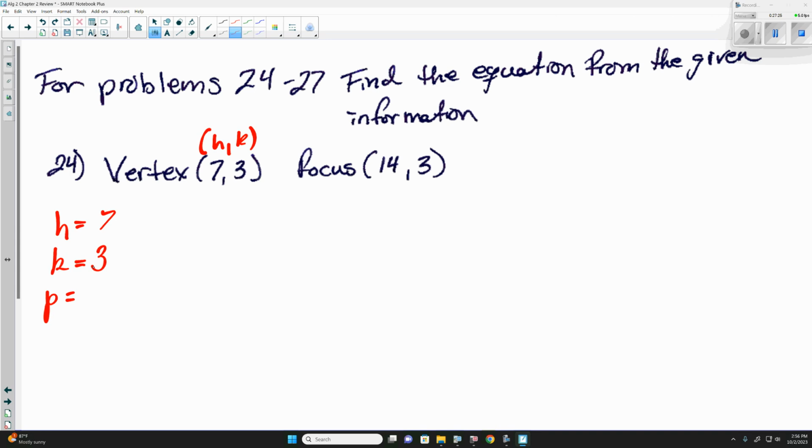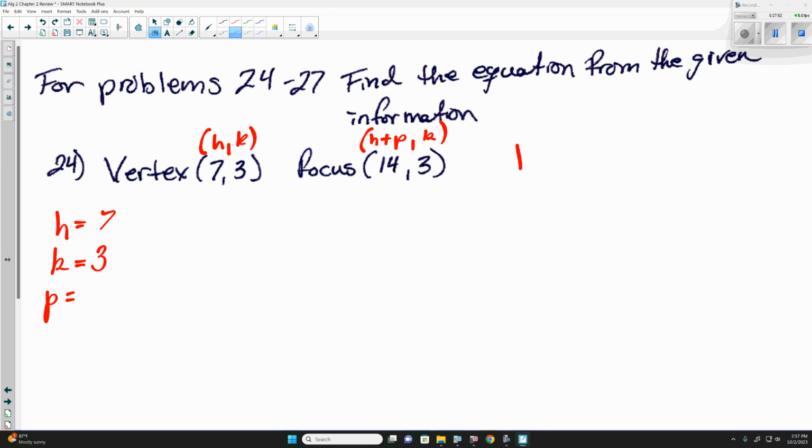Now we need to find the general equation that we're going to be using and the value of p. So which value changed from vertex to focus, the h value or the k value? H. K value stayed the same. H value changed. We added something to it. So the focus for this would be h plus p comma k.